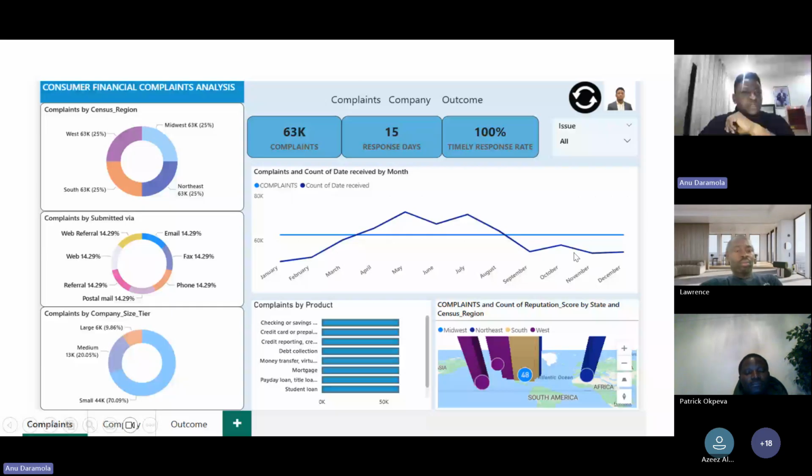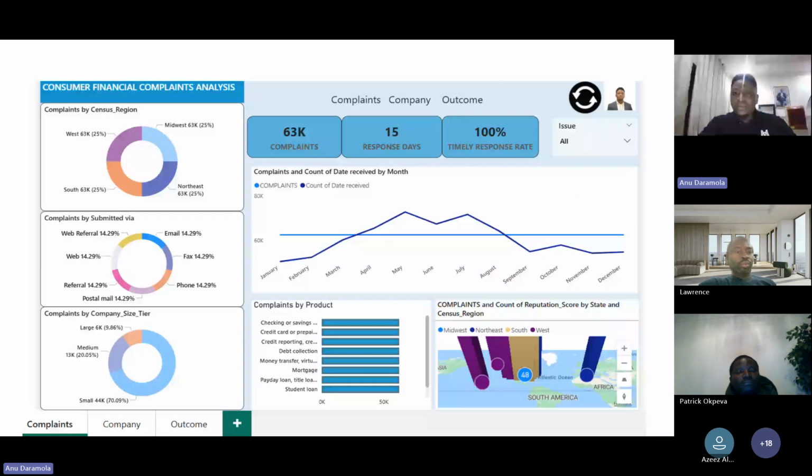The complaint channels engaged were web referral, email, fax, phone, web, and when you look at it, there's a bit of equality in the distribution with respect to the channel used in sending in some of those complaints.